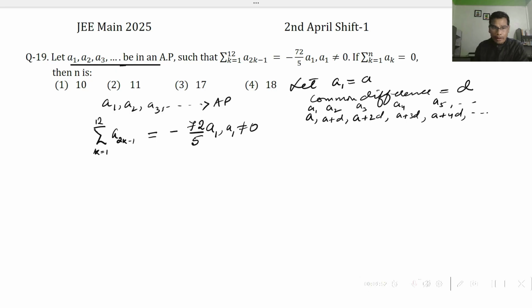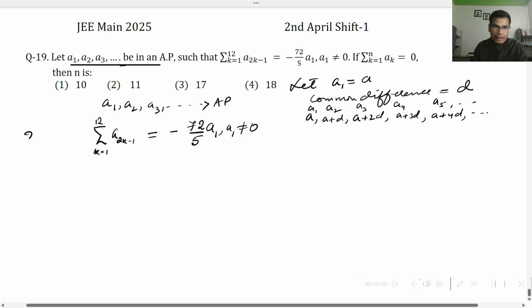Now this summation here is the sum of only the odd terms, from the first odd term to the 12th odd term, because 2k minus 1 is odd. When k is equal to 1, this will be a1. When k is equal to 2, this will be a3. When k is equal to 3, this is a5 and so on.